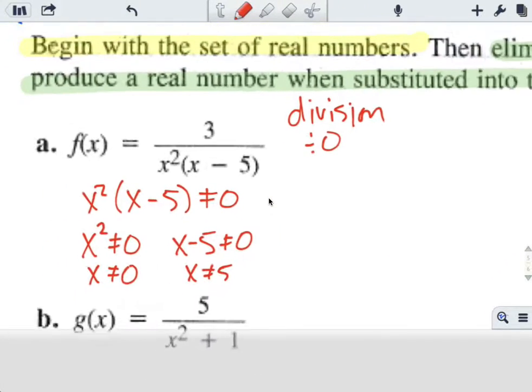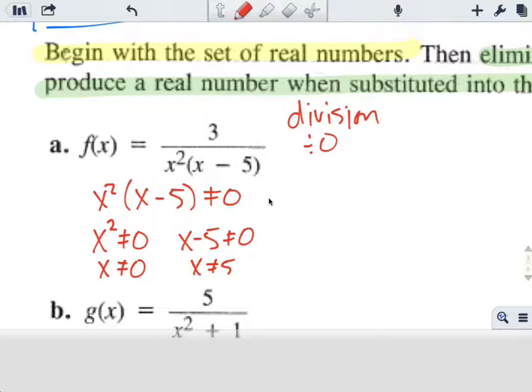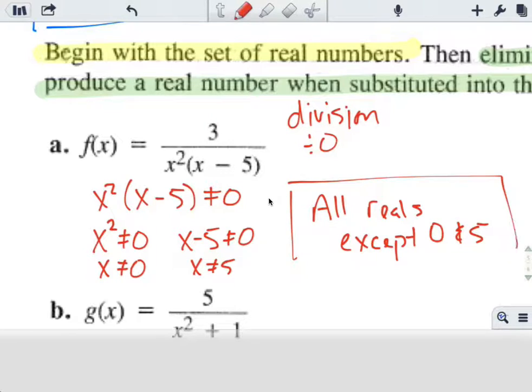And so the domain, we would write all real numbers, or I'll just say all reals, except 0 and 5. Okay, that's our answer. All reals except 0 and 5. That's the domain.